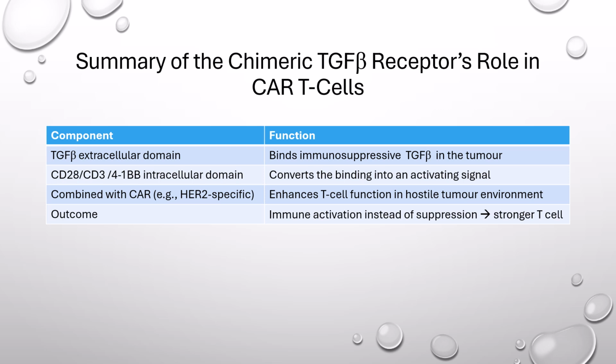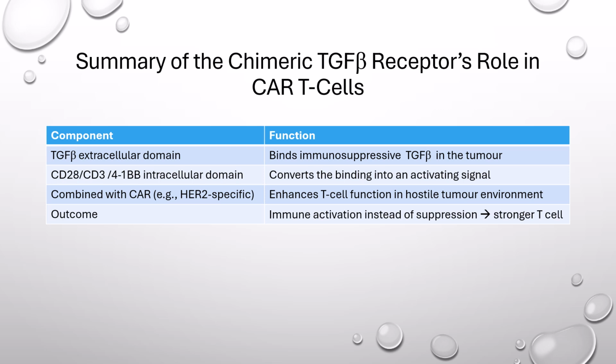They decrease proliferation, they inhibit certain cytokines, and the thing that I said previously is that they promote Treg development. And in essence, the TGF beta in normal circumstances turns the immune system basically into a bystander.